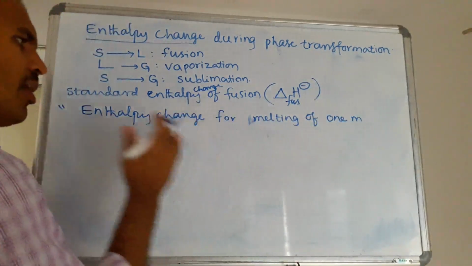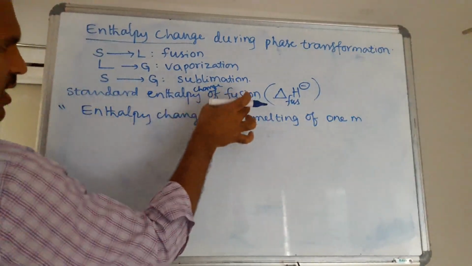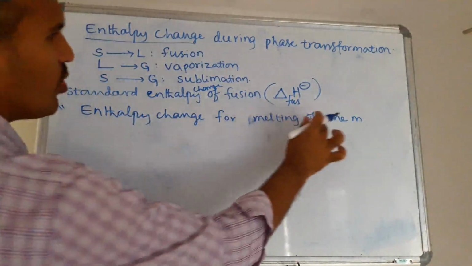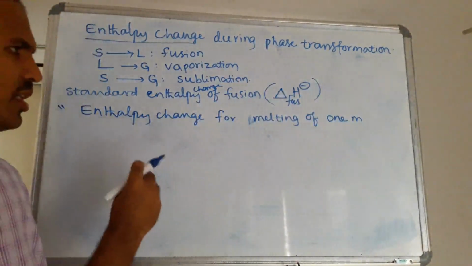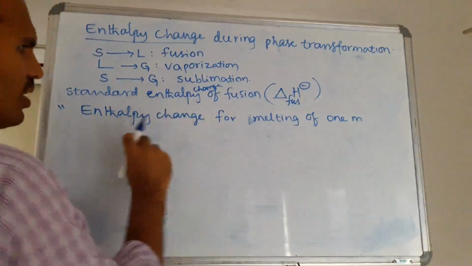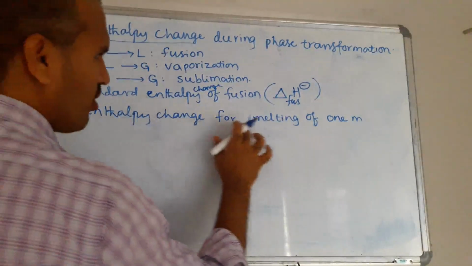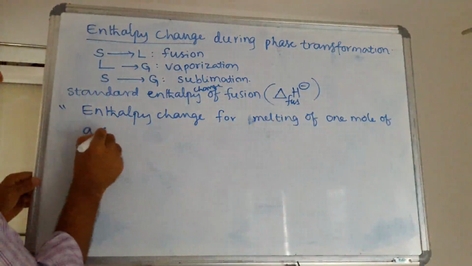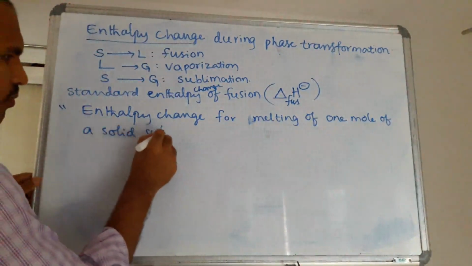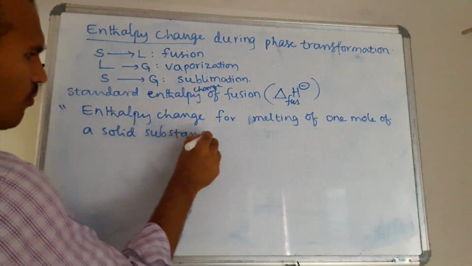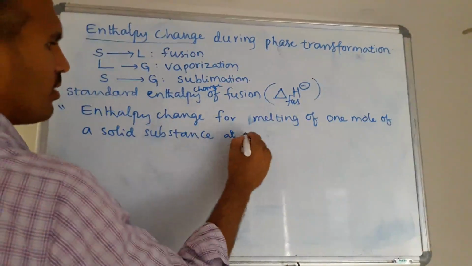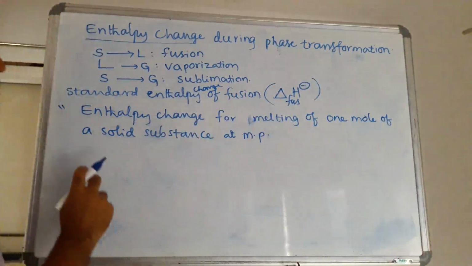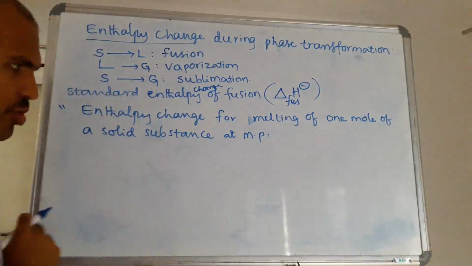Enthalpy change for, up to here, is maximum the same; the remaining part changes according to the heading, and in most cases 1 mole is used. So: enthalpy change for melting of 1 mole of a solid substance at its melting point is called standard enthalpy change of fusion.